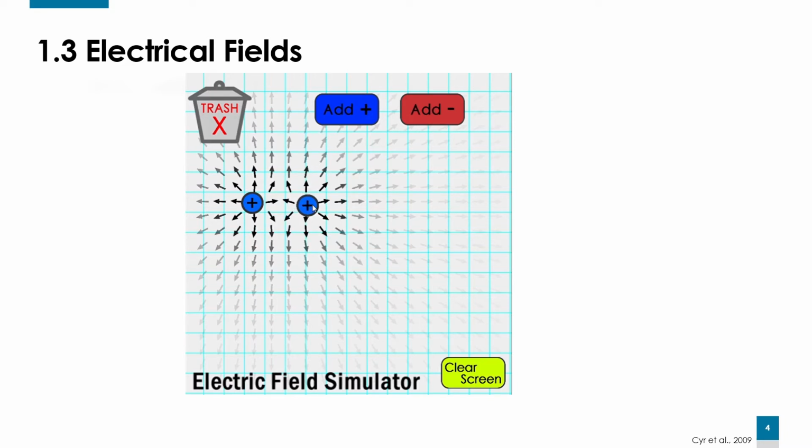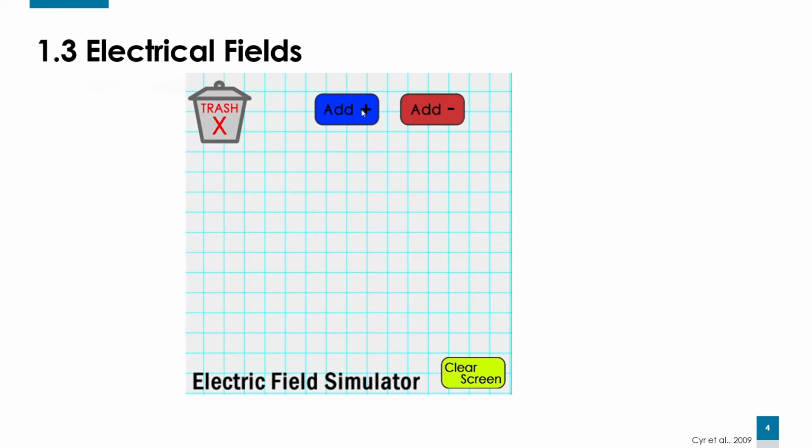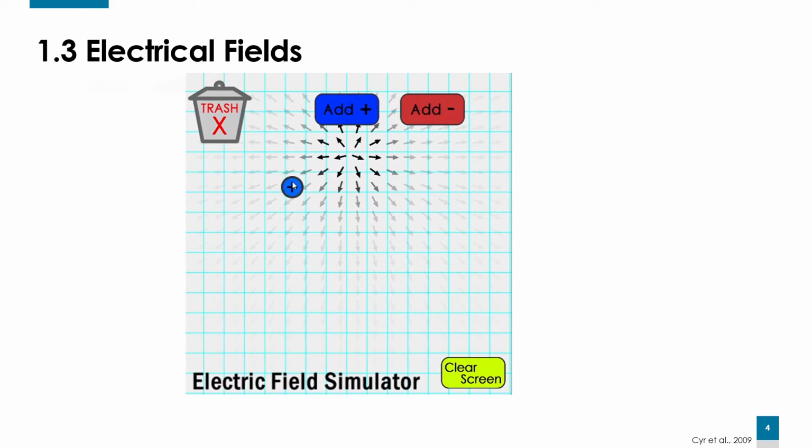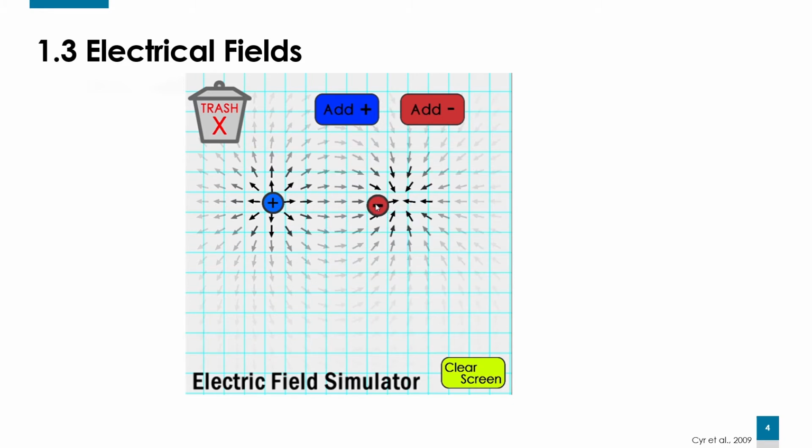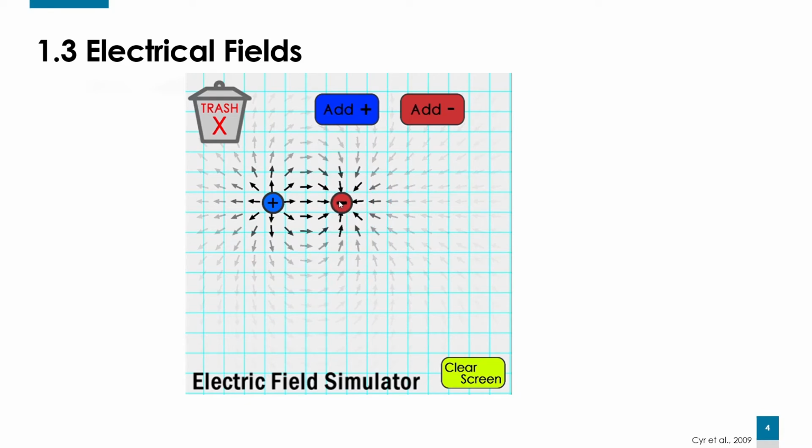Now I'm going to clear and put one positive again, with the field going away. What happens if I add a negative? The negative points toward, remember? Now if I put them closer, see the attraction? They attract each other.